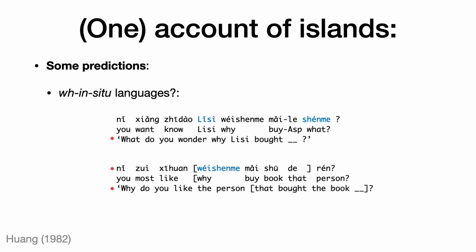So that's interesting because you might suspect that part of the reason why English speakers don't like that sentence, why do you like the person that bought the book, is because we want it to be a question about liking the person. But this Mandarin Chinese example does not have that possibility of ambiguity. The word why is in the relative clause. It has to be a question. If it were grammatical, it would have to be a question about why that person bought the book. But it just can't mean that. It's just not grammatical for this string to have that interpretation. So this is interesting.